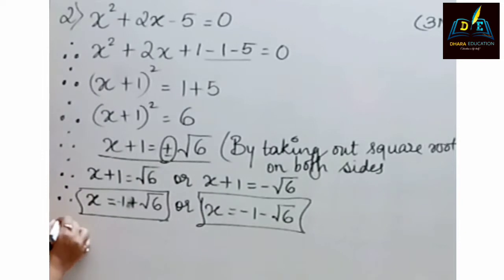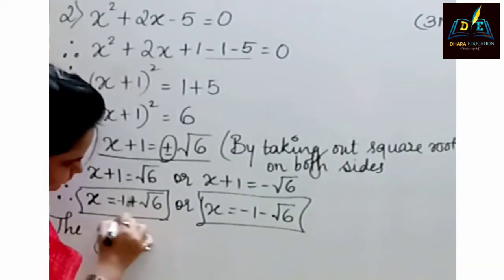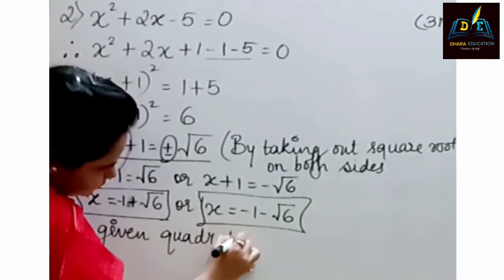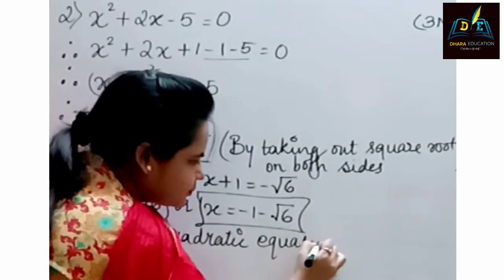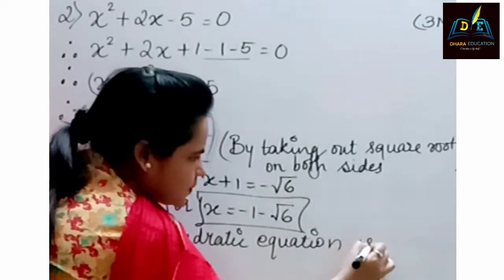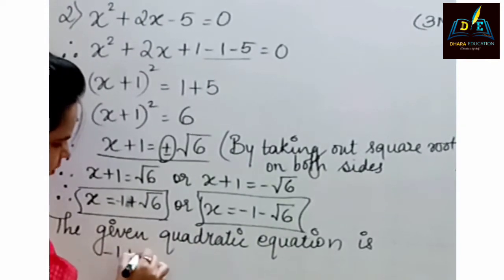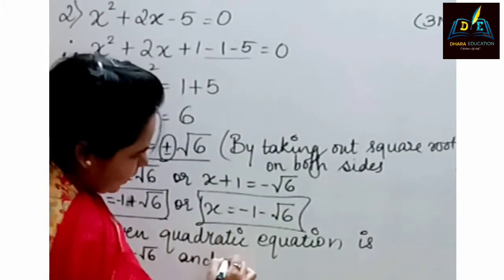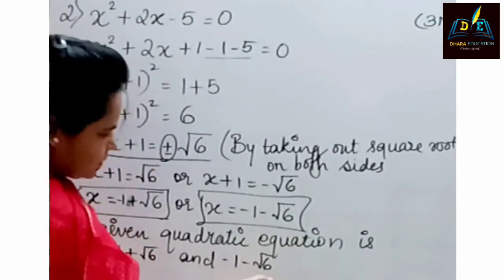Here we have to write: the given quadratic equation is minus 1 plus root 6 and minus 1 minus root 6.